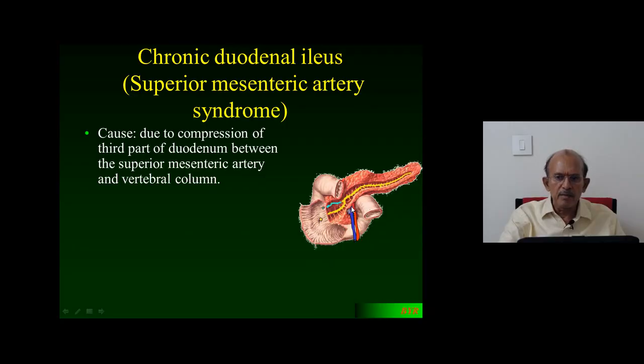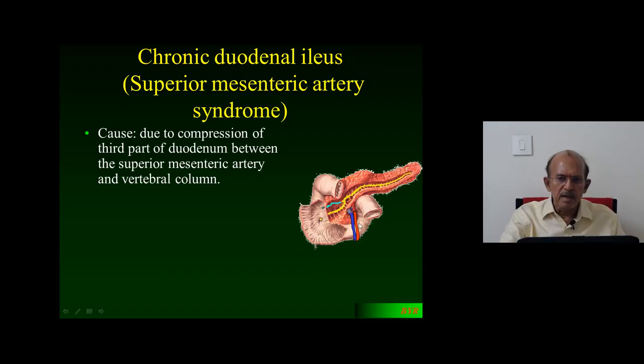Now you can see here the superior mesenteric artery and vein cross in front of the uncinate process of the pancreas. Then it passes over the third part of the duodenum. The vertebral column is just behind this. Sometimes this produces tight stretching over the duodenum.